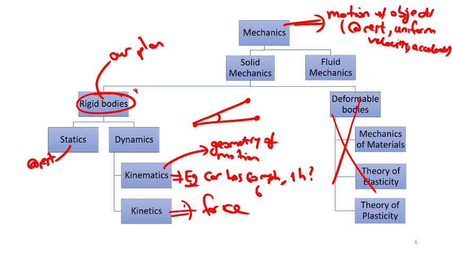It will be just 60 miles: 60 mph times 1 hour is 60 miles. Here we did not consider the forces acting on the car, the torque of the car, or the friction force between the car and the road. So we did not consider anything about the kinetics of the particle.